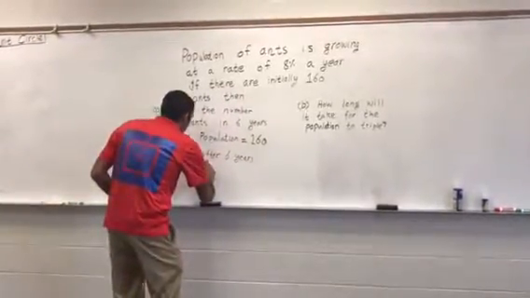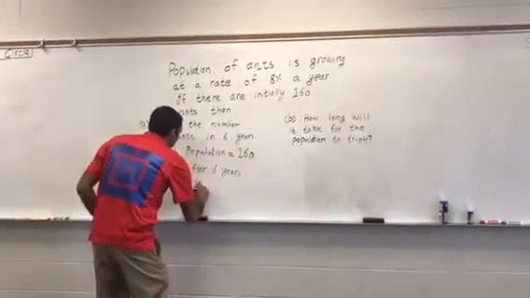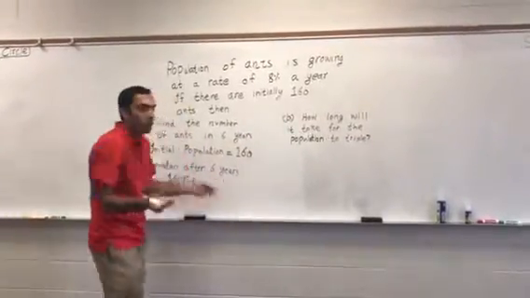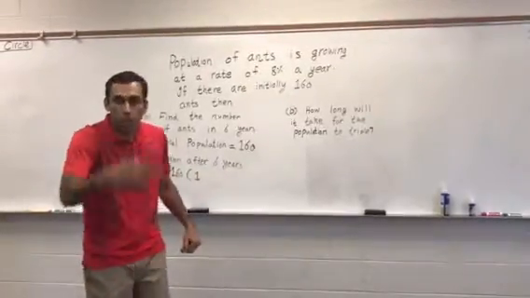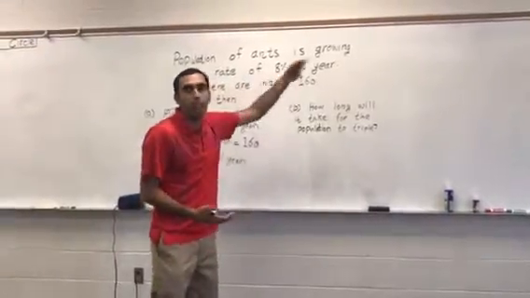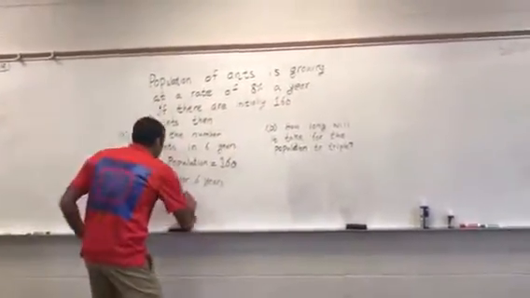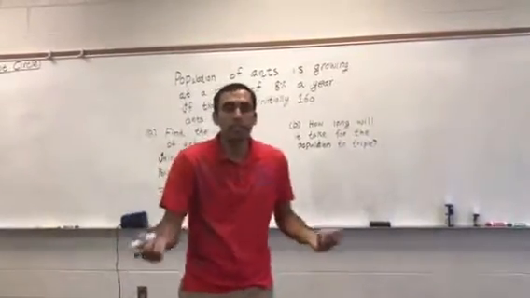So right now, let's start with 1. Right now we have 100% of the ants, which is 1.0. On top of that, plus they're growing at 8% per year. So plus 8%. And how do you write percent in terms of a decimal?